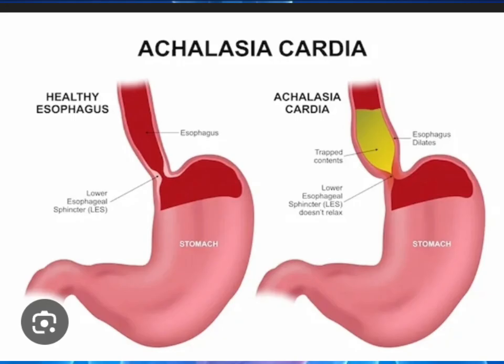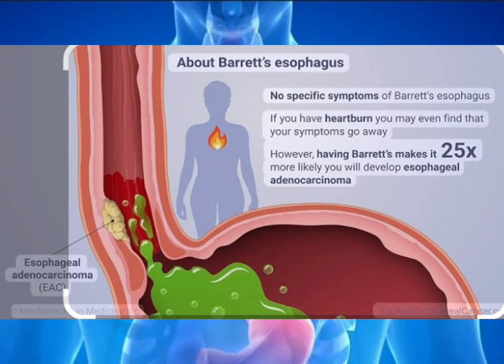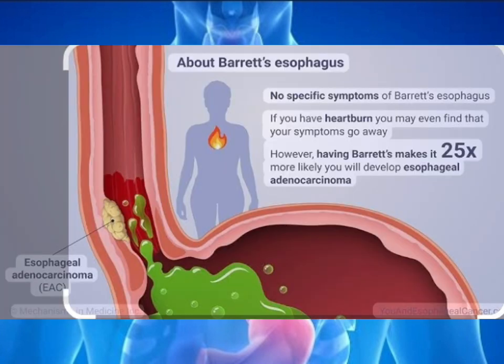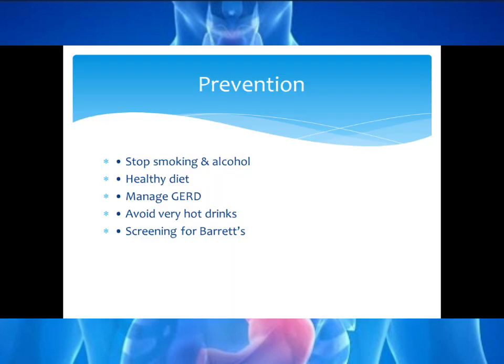Control obesity and treat gastroesophageal reflux disease early to reduce progression to Barrett's and adenocarcinoma. Safe food preservation and reduced exposure to aflatoxins in high-risk areas. Vaccination and infection control when relevant, for example managing HPV where implicated.